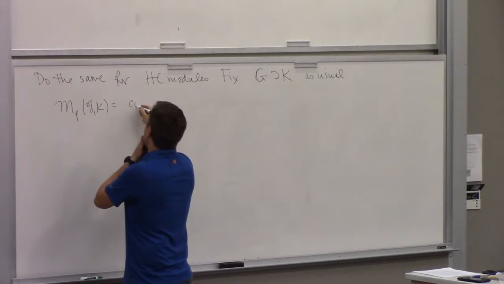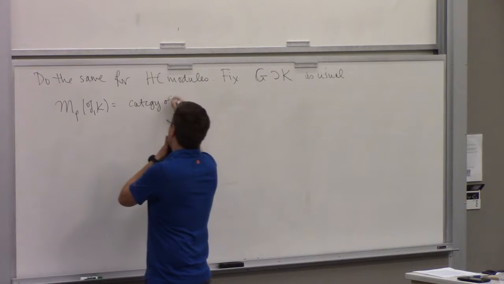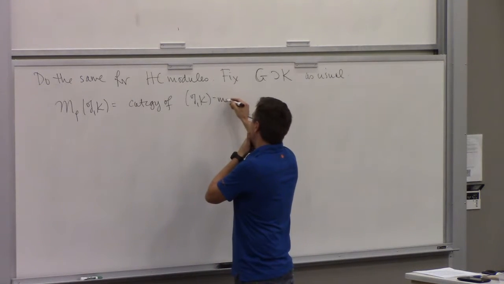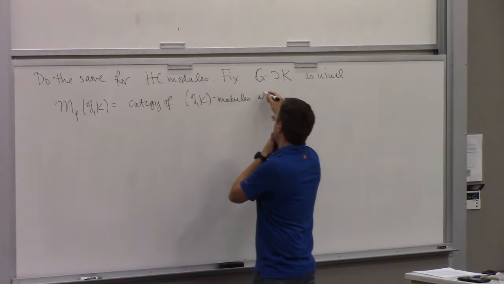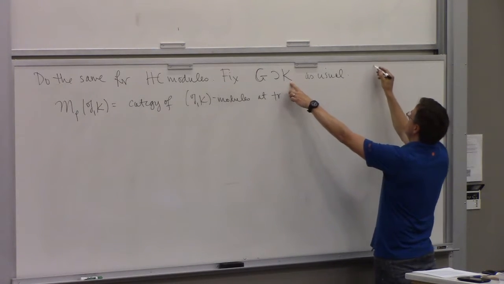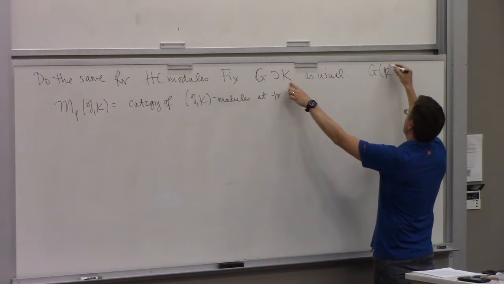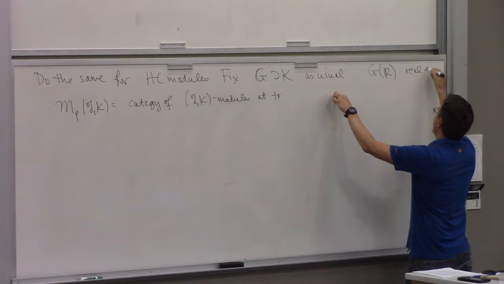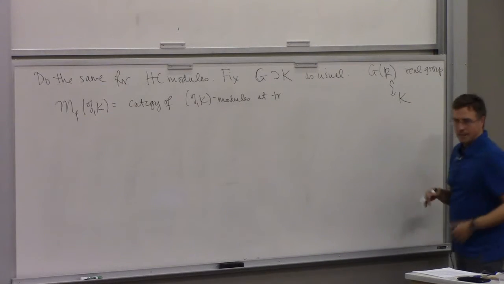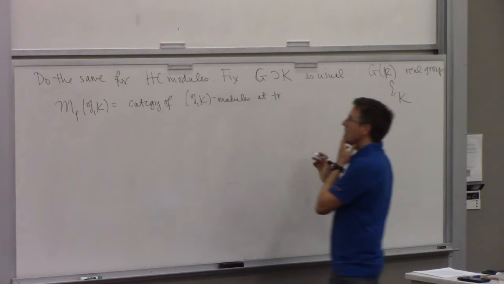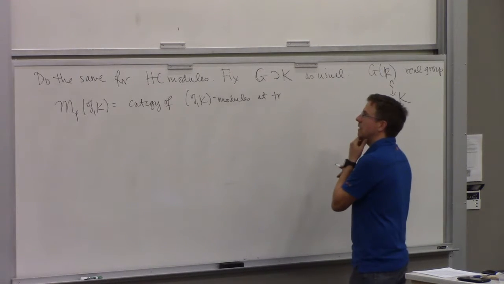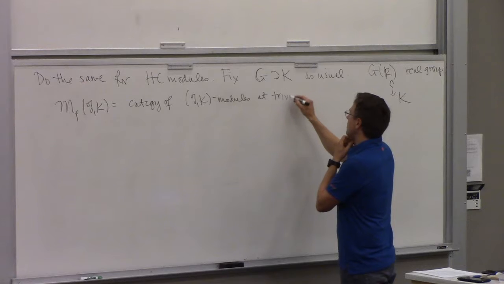This is the category of GK modules. No, G is complex, and so G of R will be the real group corresponding to K. So everything is complex, hopefully, at trivial infinitesimal character.